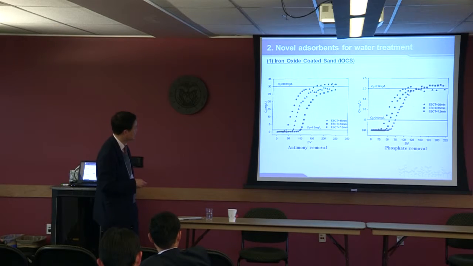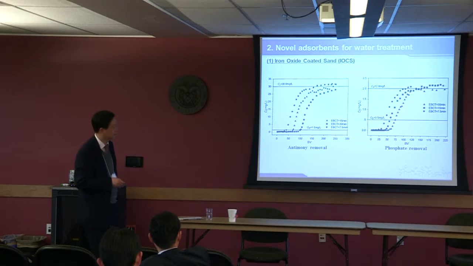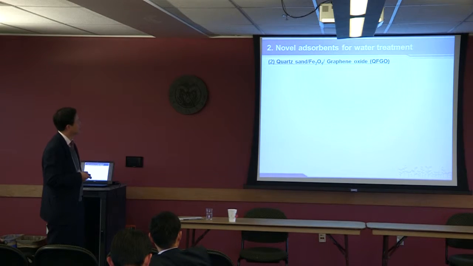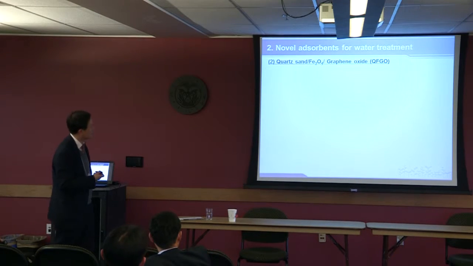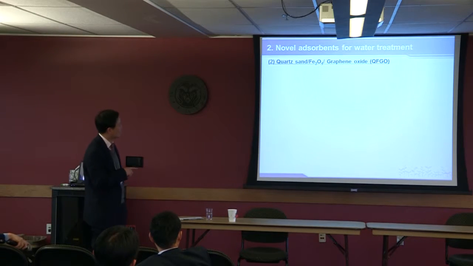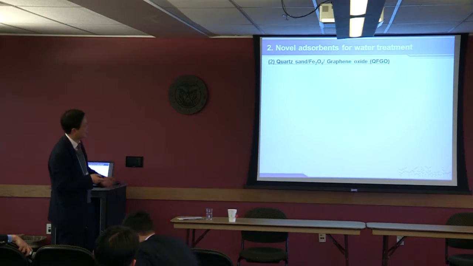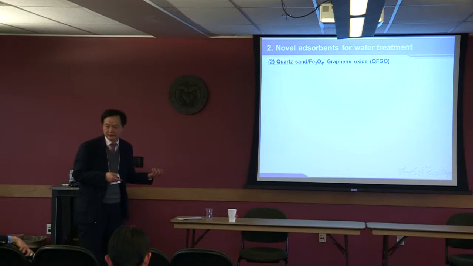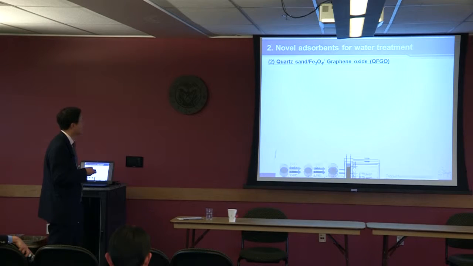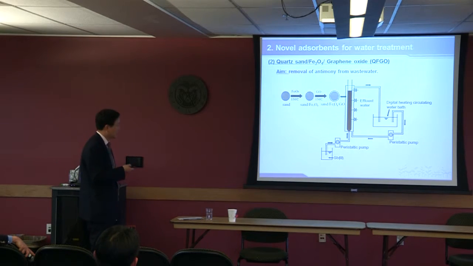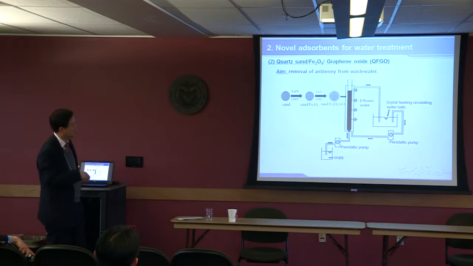Other results for phosphorus removal. We also synthesized some quartz sand coated with not just iron oxide, but also graphene oxide. Here's the schedule and the setup, the experiment units.